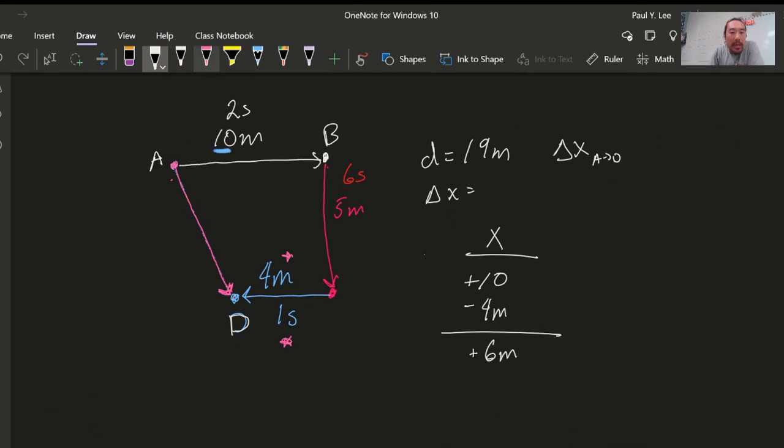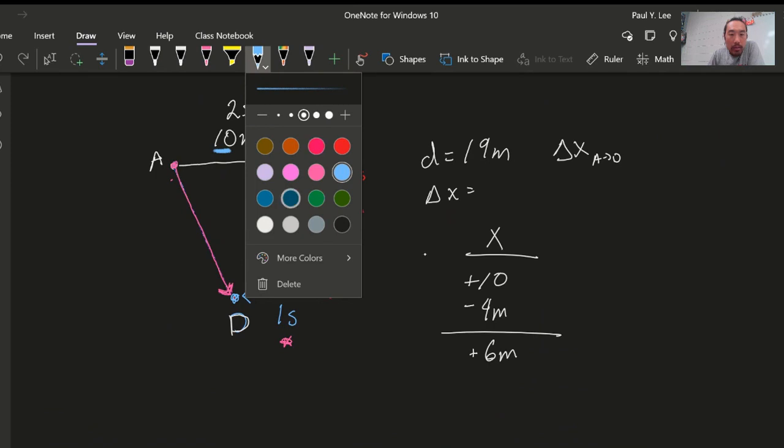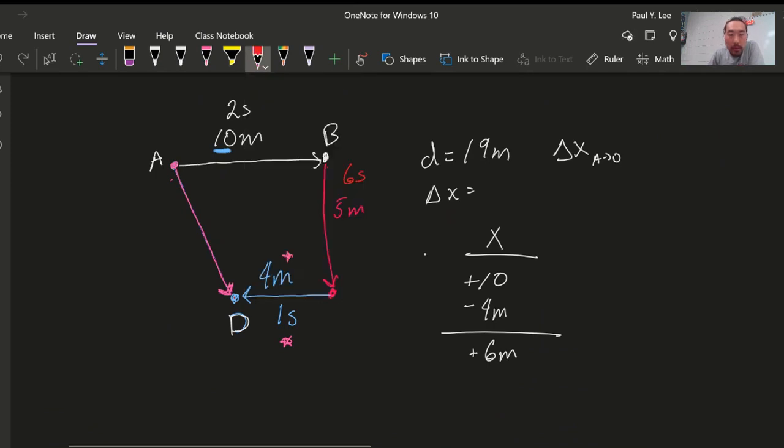Okay, so that's as if I only moved, let's do this one, but nice and big. That's as if I just went from here and I only went to the right this amount.